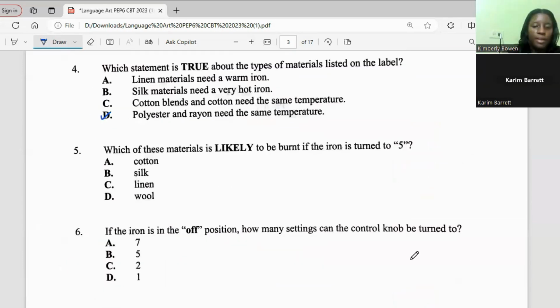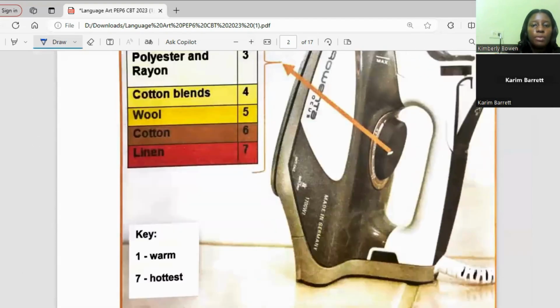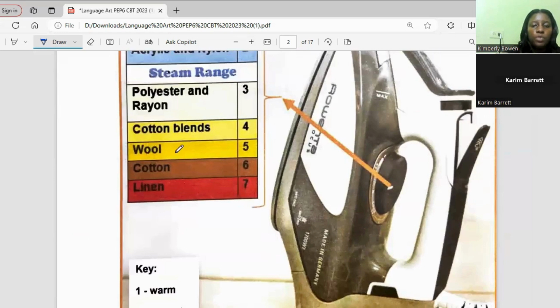What was your answer for number 5, Karim? Let's look back, let me bring it up back to the iron. We know it's not wool because wool is okay for 5.